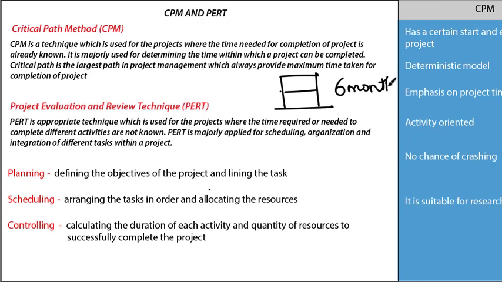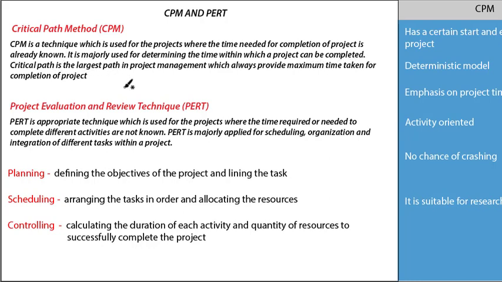So you already know the deadline. In such projects you can estimate the total time of each activity which will be taken to complete the entire project. It is majorly used for determining the time in which a project can be completed.